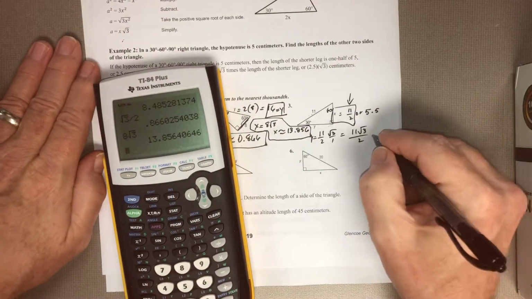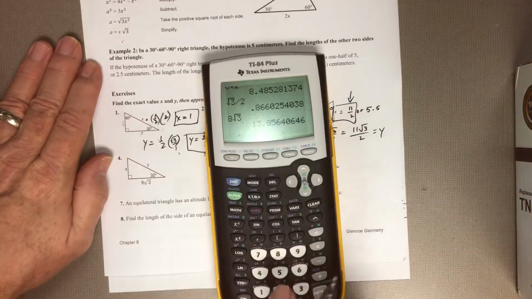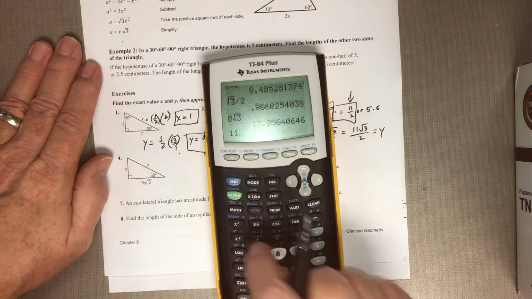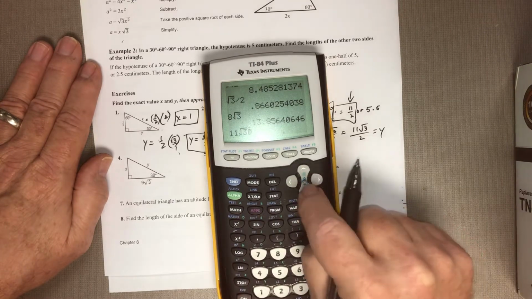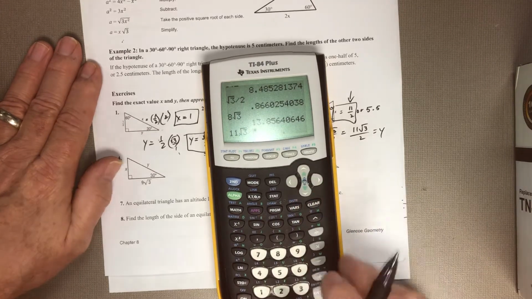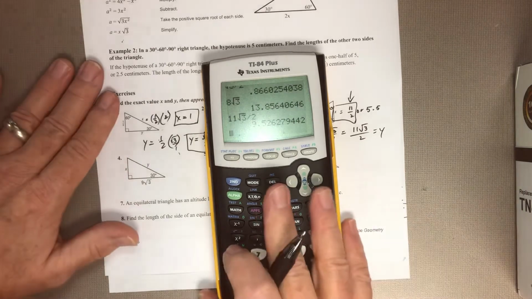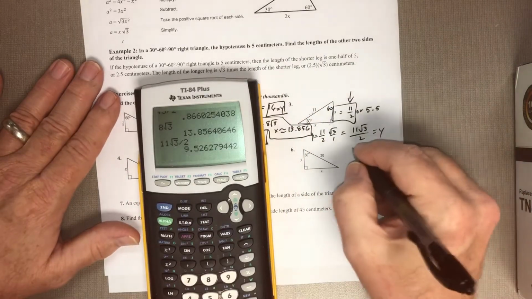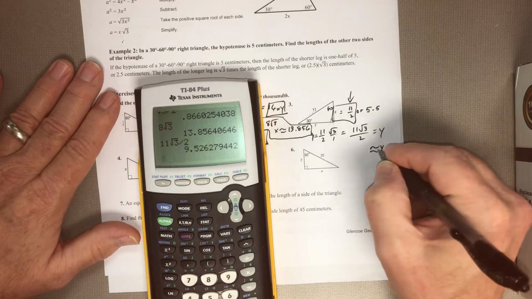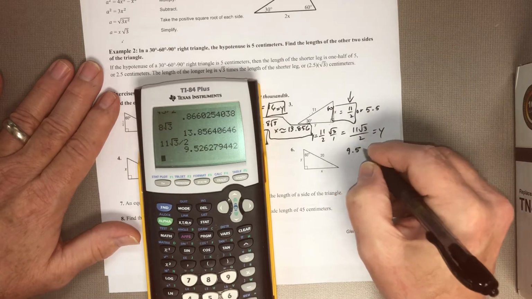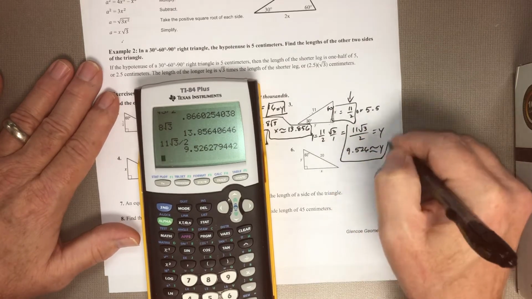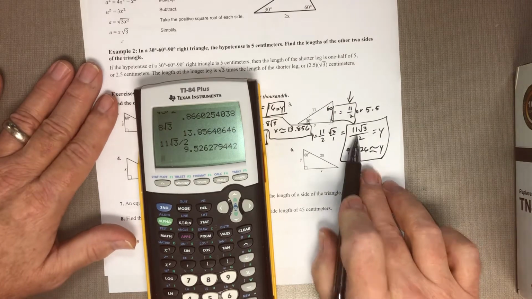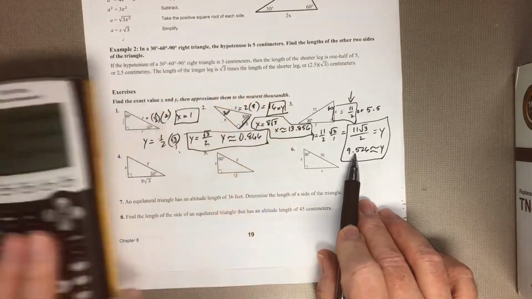That's your exact value for y. So 11 times the square root of 3, be sure you come out from under there before you divide that by 2. Okay, and so y would be approximately 9.526. So here are both the exact answer and the decimal approximation.